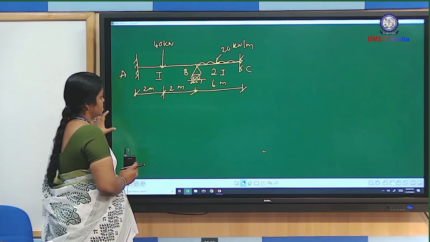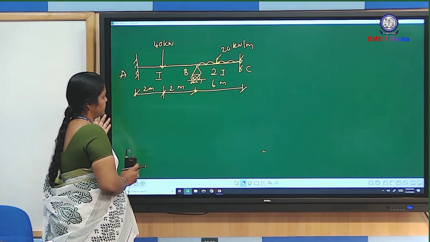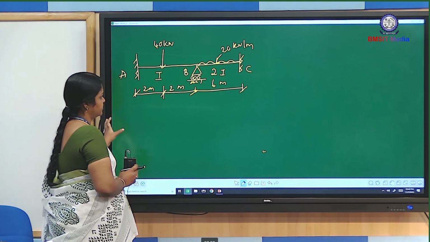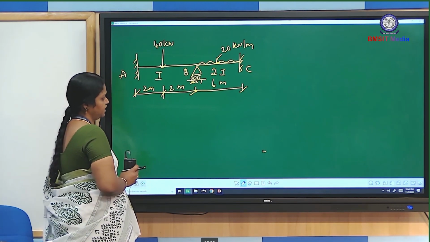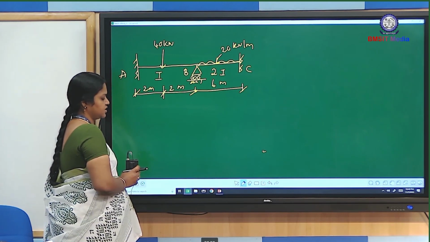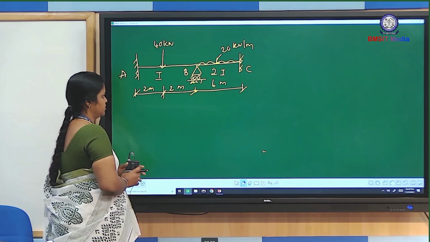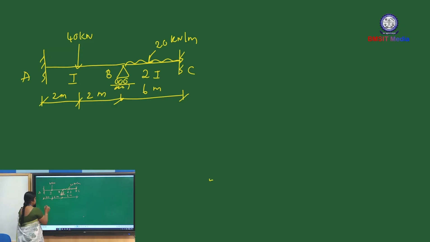There are a number of steps, so first we will see step 1. Before that we have to identify whether this structure is statically determinate or indeterminate. I have already explained that a statically determinate structure means the number of unknowns equals the number of equilibrium equations. Here the static indeterminacy relates to the number of support reactions.